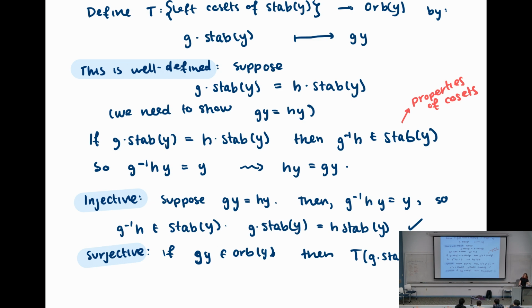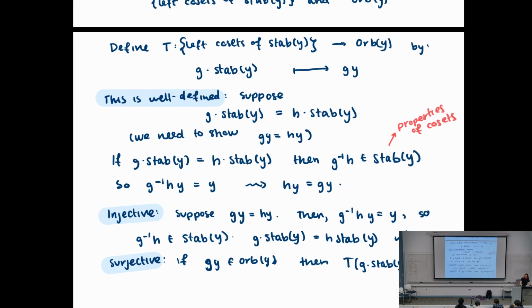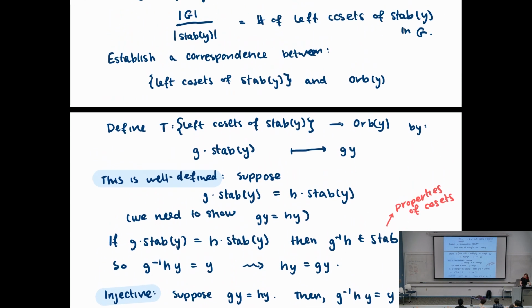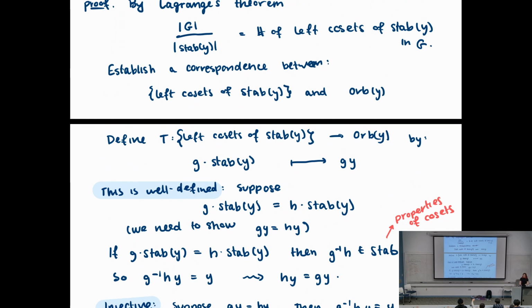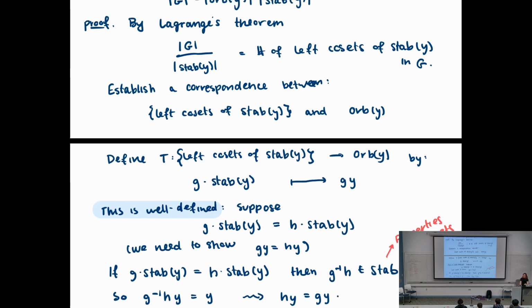Okay, so given any possible element of the orbit of y, I know which element maps to it, so that means that my function was surjective. And that concludes the proof. So I think the meat of this argument is accomplished in showing that your function is well defined, and also in applying Lagrange's theorem. Lagrange's theorem is doing the heavy lifting here.